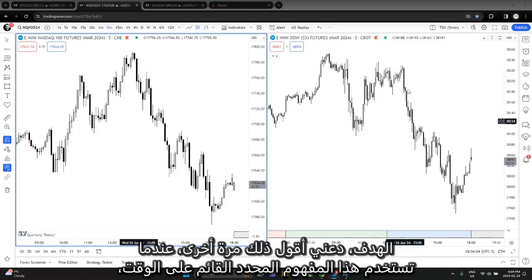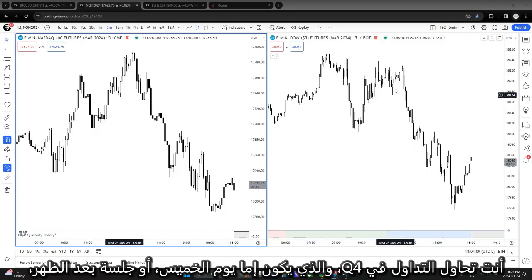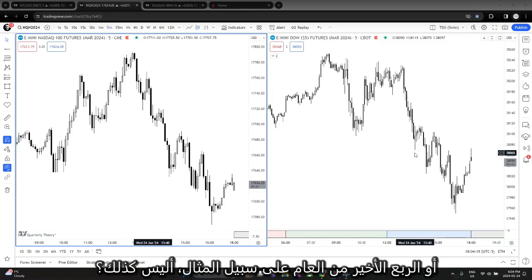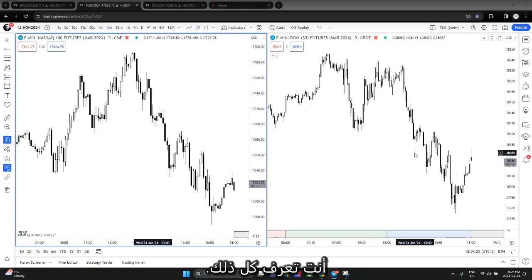When you're using this specific time-based concept, you are trying to trade Q4, which is either Thursday, the afternoon session, or the last quarter of the year, for example, right? You know all of that.